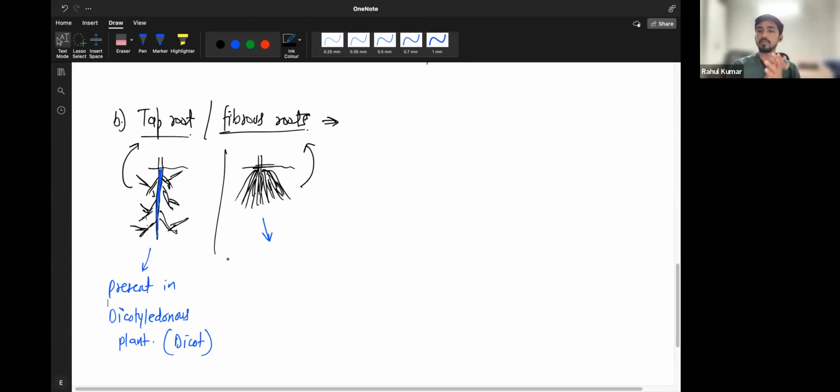We can also tell a dicot by looking at the stem structure, which we will read in this chapter. We will also read about the seed structure of monocots and dicots. But taproots are present in dicots. Fibrous roots are present in monocots. Now let's write down fibrous roots.